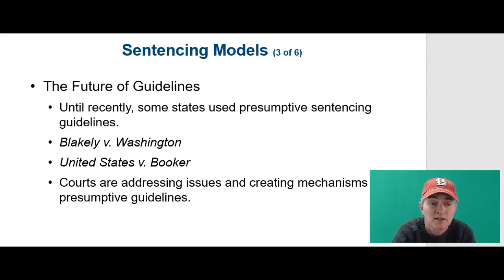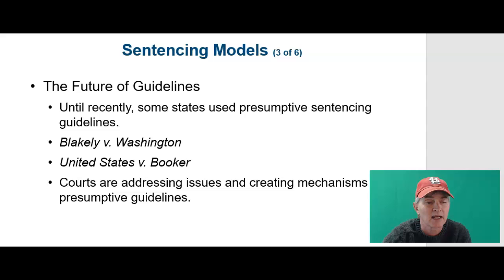Something we need to take into consideration here, of course, is Blakely versus Washington. This is where the Supreme Court found Washington State's sentencing guidelines were a violation of the defendant's Sixth Amendment rights. The judge determined the offense involved deliberate cruelty, which must be determined ultimately by a jury.